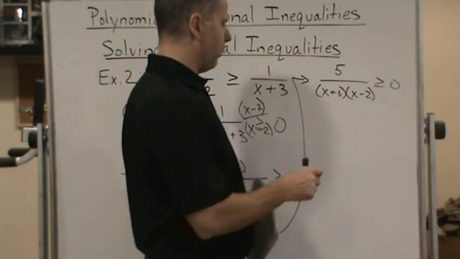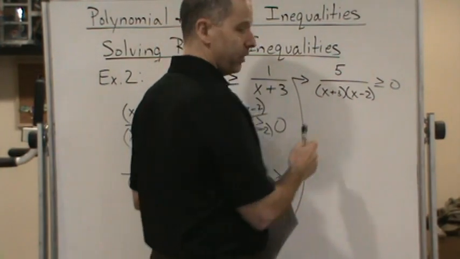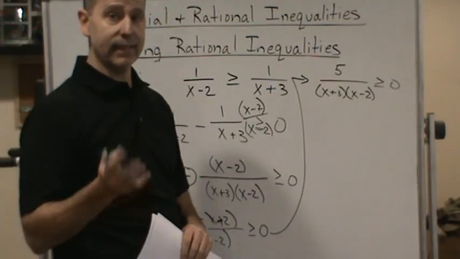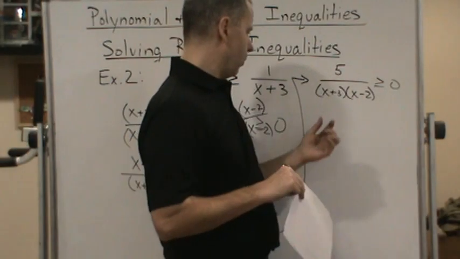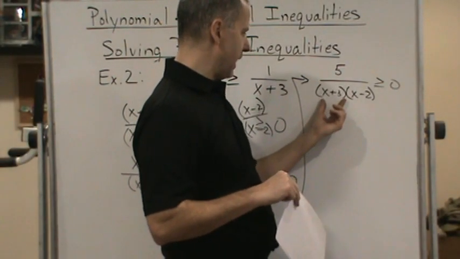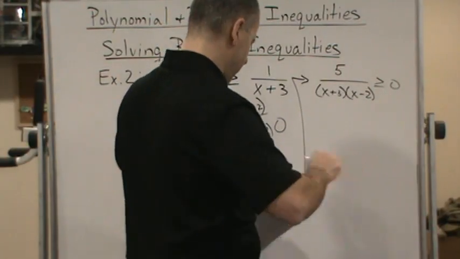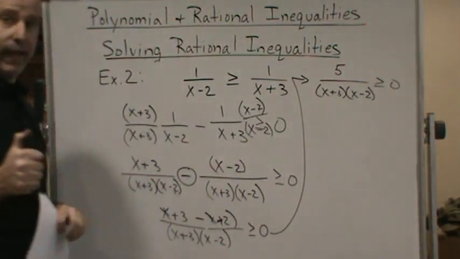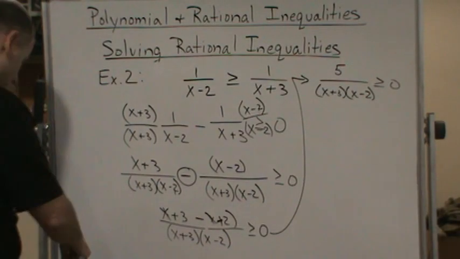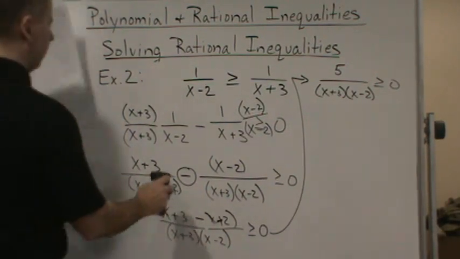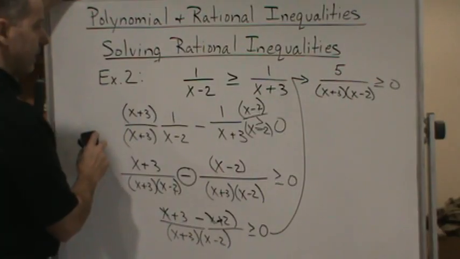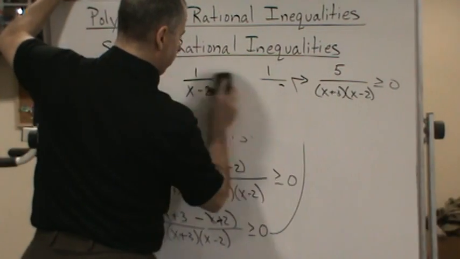Now what? Now we look at the bottom and ask, what are the values of x that give us undefined values? Well, that's going to be at x equals -3 and x equals 2. Those are going to give us places where we're going to have vertical asymptotes.